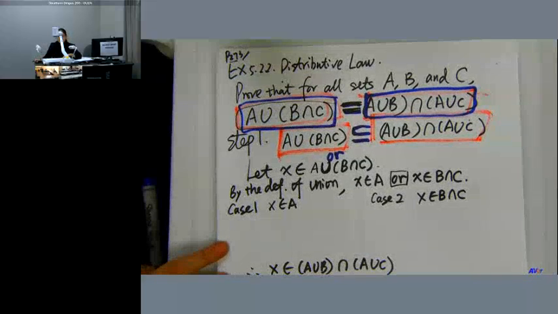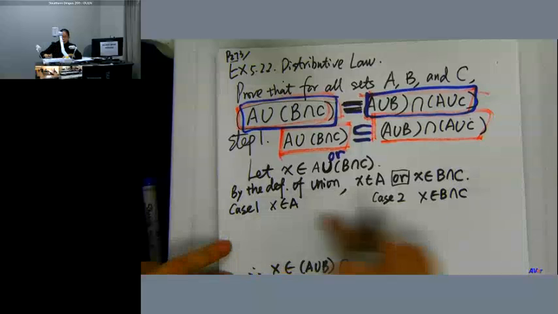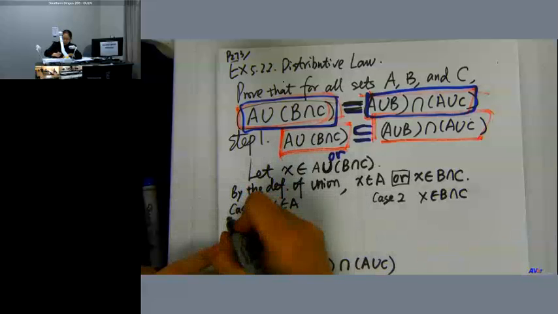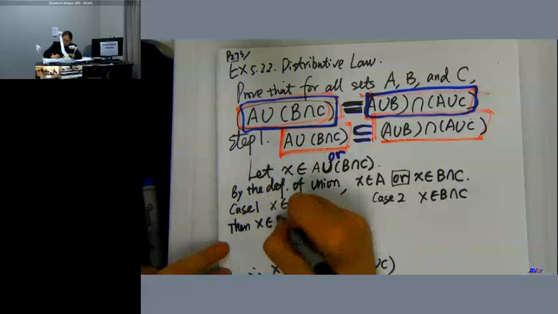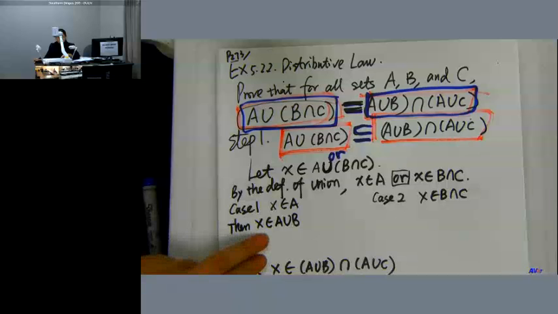So if X is in A, well, whatever I write down, I'm always looking at what I need to prove. So I'm going to write this down here, and I ask you if you understand this. Then X is in A union B. Do you understand why?